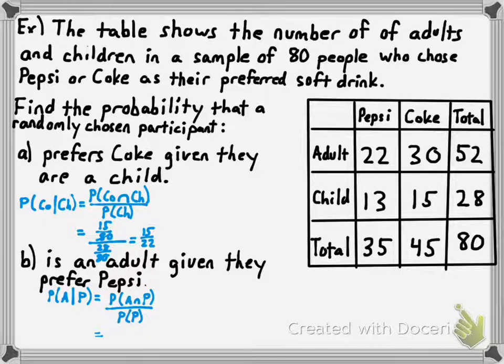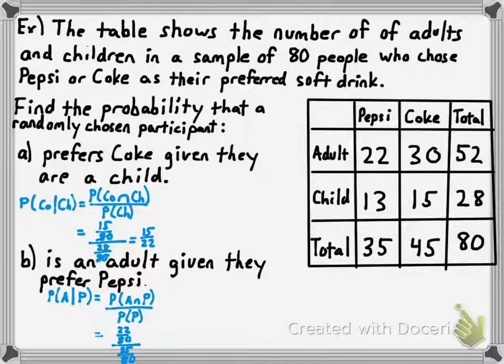The people that were adults and prefer Pepsi, that was 22 out of 80. And then the people that just preferred Pepsi, well, there were 35 out of 80 that did that.